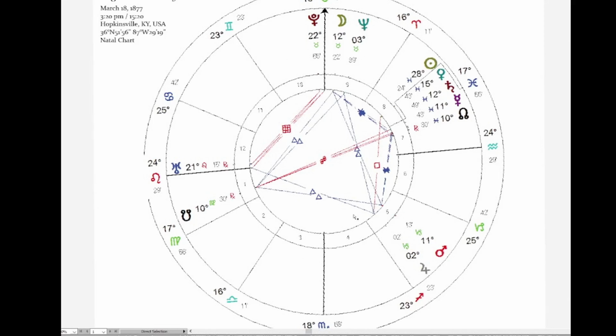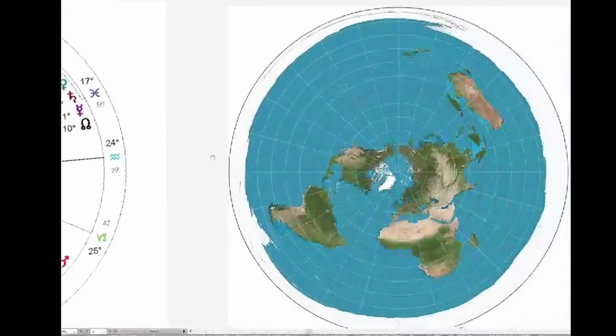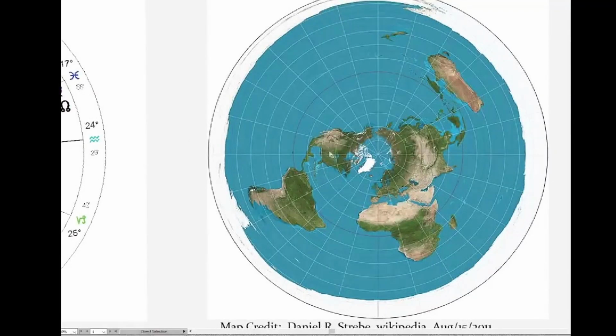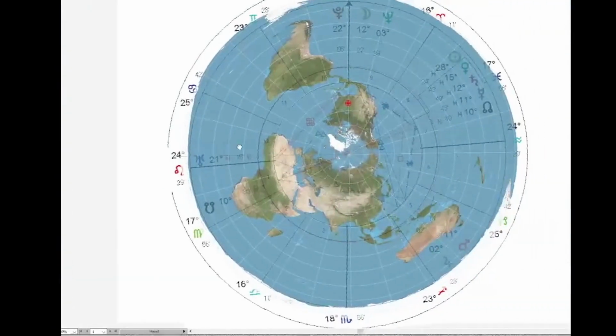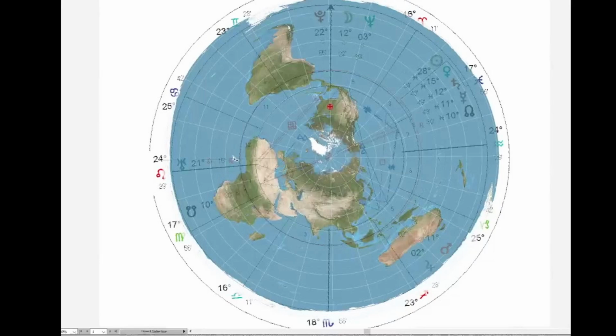So I'm going to show you how this is a projection on the Earth. So you have the Earth, and I'm going to rotate it because he was born in Kentucky. So I'm going to rotate the map this way so that that's straight up ahead. Okay, so here we go. So you can see the United States here.